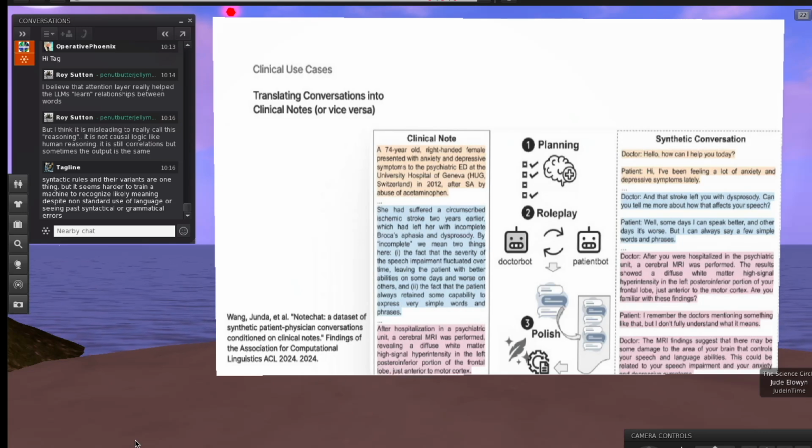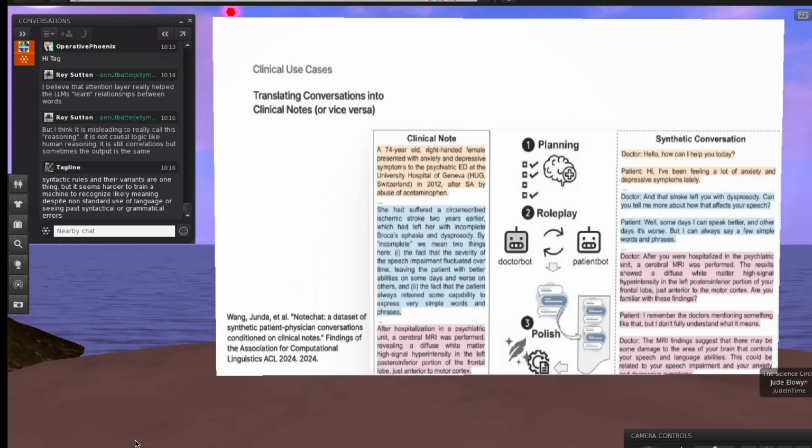Interestingly, the example that I've presented here is sort of the opposite of what I just described. What you would expect is an LLM would listen to a conversation between a doctor and a patient, read the notes from that conversation, and then generate a summary that you would then want to analyze and interpret.